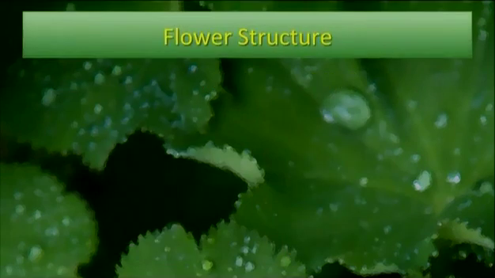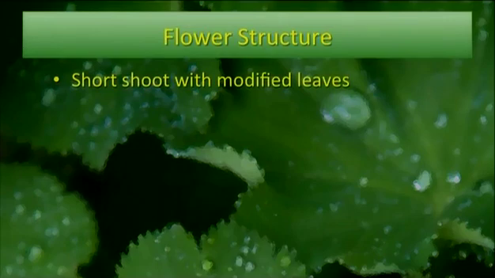Okay, so flower structure, because without flowers, you don't have flowering plants, right? So the flower, of course, is a sex organ of the flowering plant. It was called a short shoot with modified leaves. So all the parts of the flower are modified leaves.